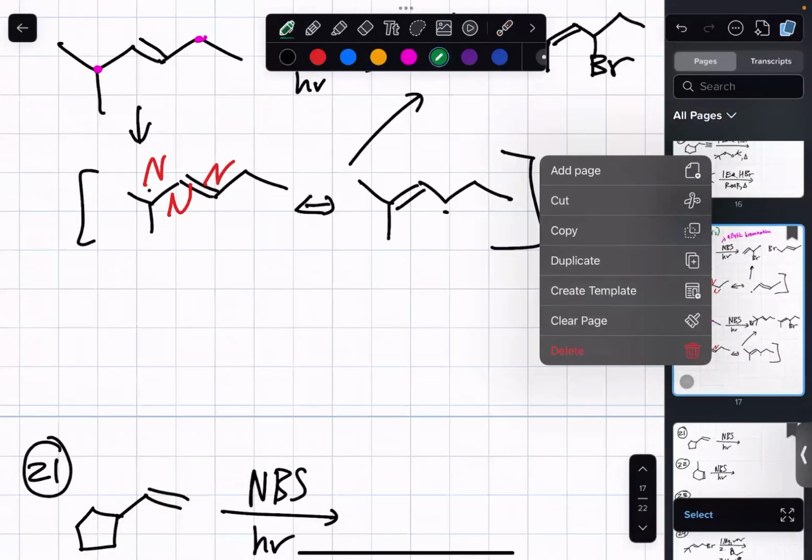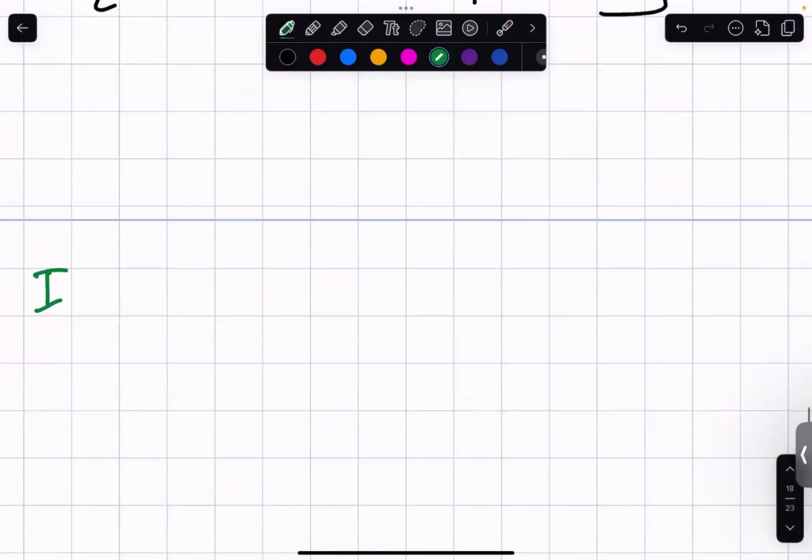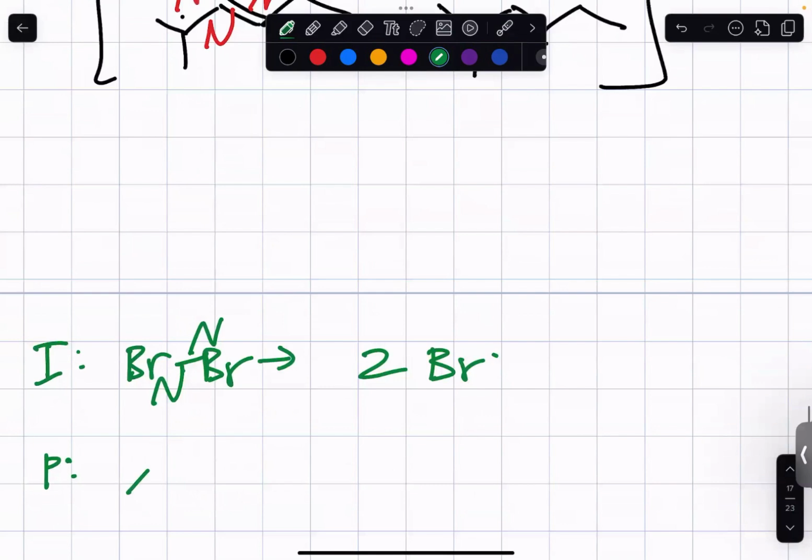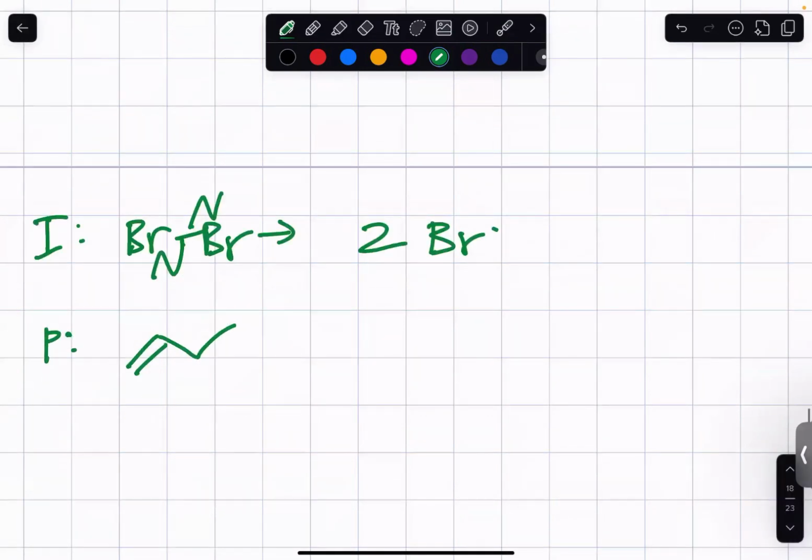It will have initiation, propagation, termination. Initiation. If you do Br2, then you could split that Br2 into these two Br radicals right here. Propagation. Let's bring in a simple alkene like this.